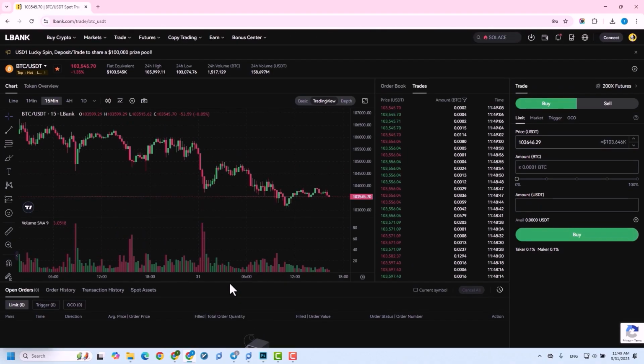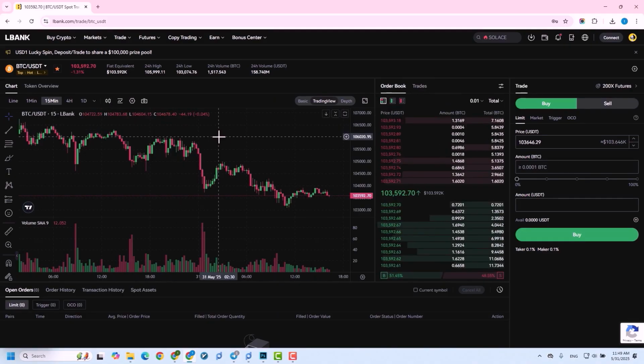For example, for the Bitcoin USDT pair, at the time of checking, it is being traded at approximately this dollar amount. The daily trading volume for this pair was over $160 million, which indicates high liquidity. Using this data, you are able to quickly analyze the market situation.